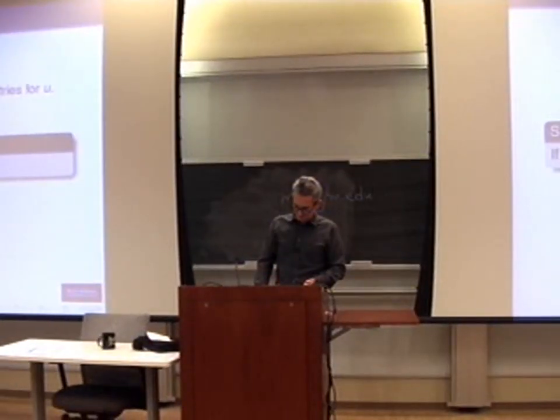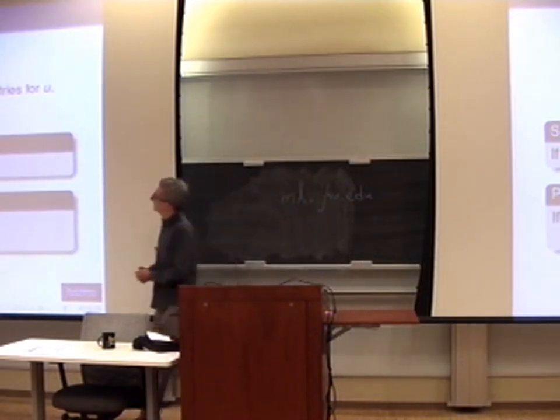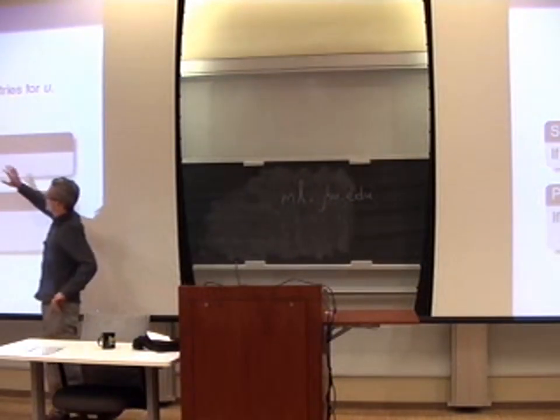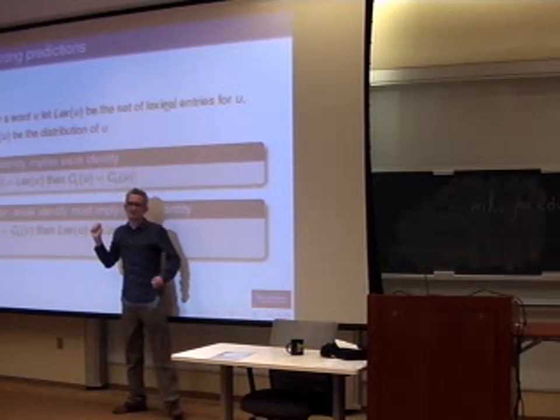Okay, so we can make some kind of linguistic predictions here. So if we have a word u, we can think of the lexical entries for u as being lex of u, and we can consider CL of u to be the distribution of the set of strings. Now clearly, if we have two words that have exactly the same lexical entries, then their distribution in the language is going to be identical.